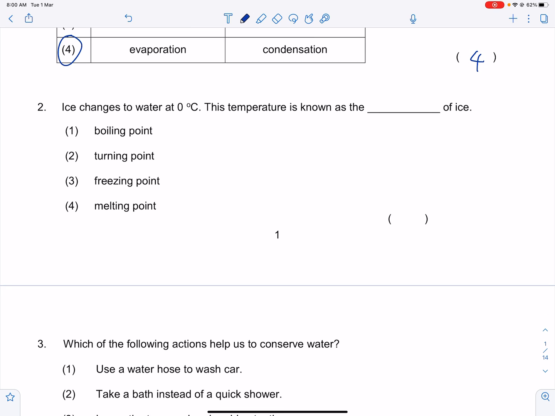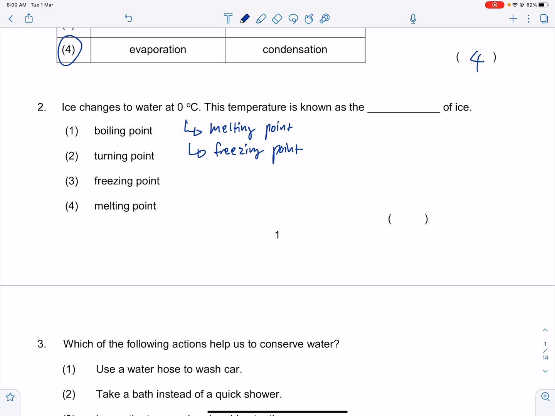Question number 2, ice changes to water at 0 degrees. This temperature is known as the what of ice? So remember, at 0 degrees, it is both the melting point as well as the freezing point. Therefore, whether it is referred to as the melting point or the freezing point depends on the direction of the change of state.